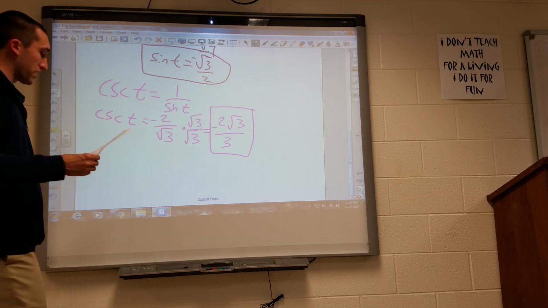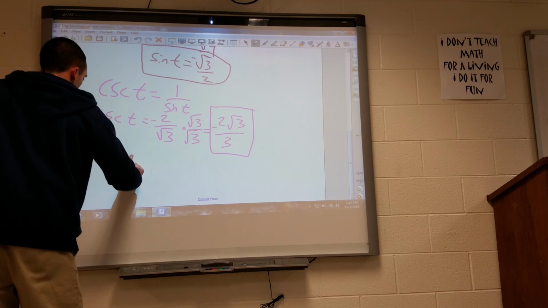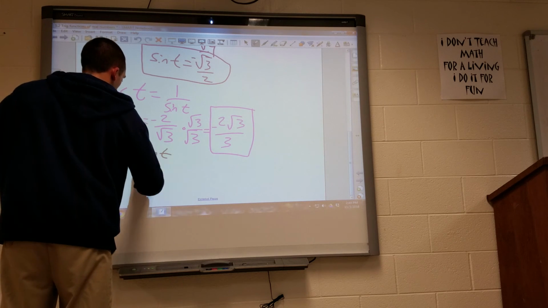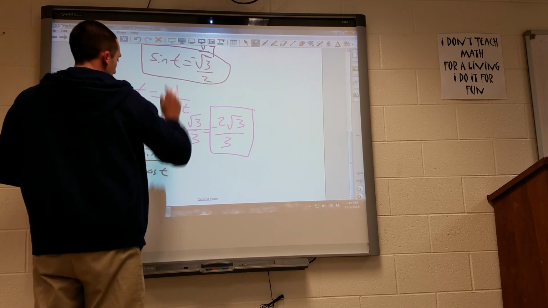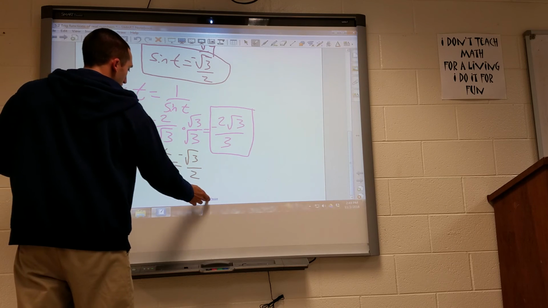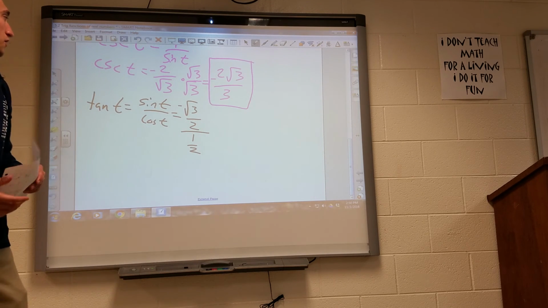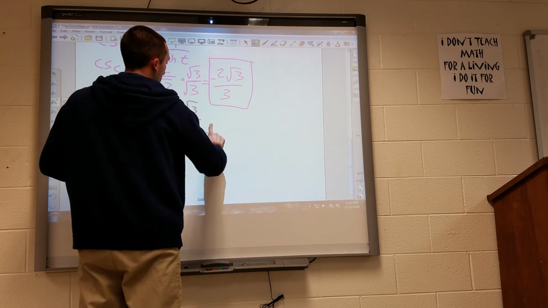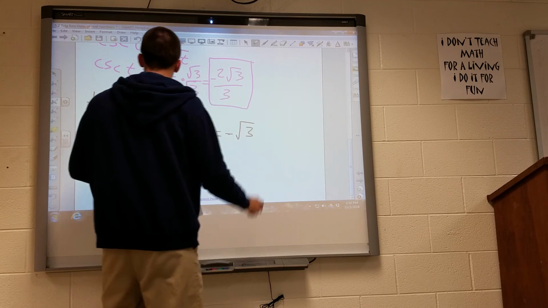Next thing I want to do is find my tangent of t, which is equal to sine t over cosine t. I know the sine t to be negative radical 3 over 2. And I know the cosine to be positive 1/2. So if I do that division, I can flip and multiply, and I get a negative radical 3 for my tangent.